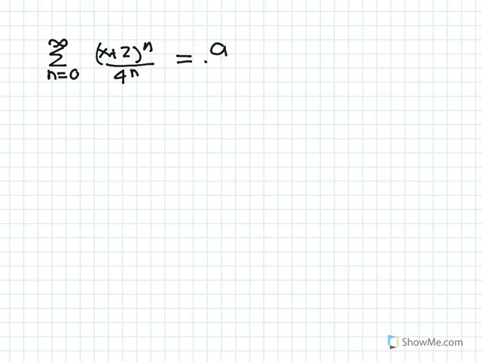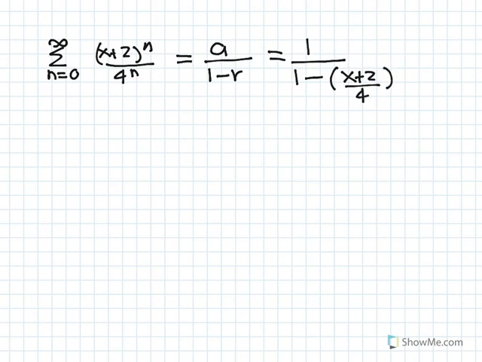So to do that, we have summation n goes from 0 to infinity, (x plus 2) to the power of n divided by 4 to the n. This is equal to a over 1 minus r. Well, we found a is equal to 1. We found a common ratio, which is (x plus 2) over 4, so we have 1 minus (x plus 2) over 4.